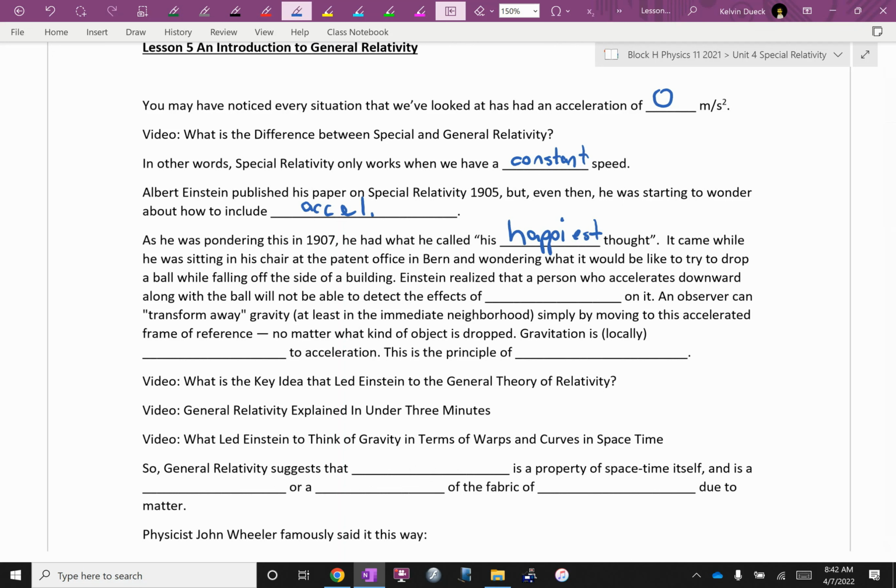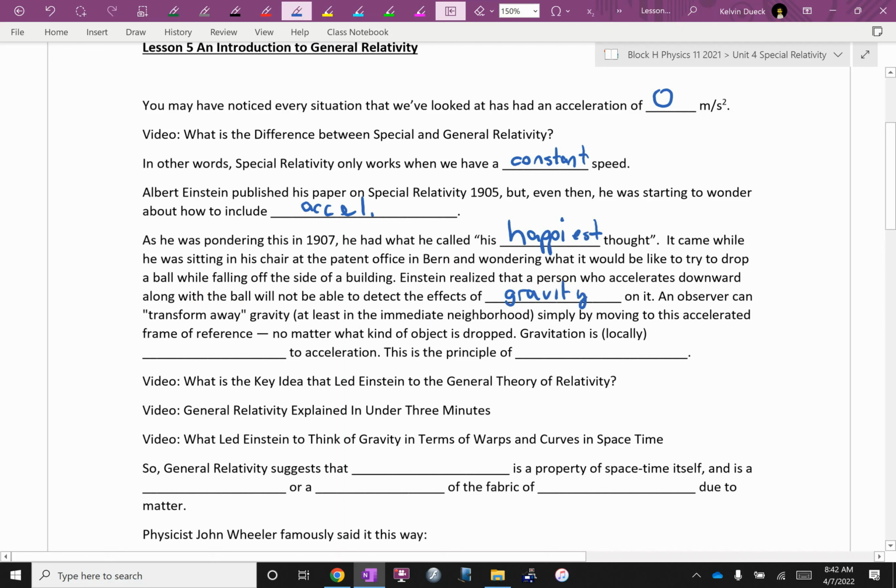He has the same situation from two different reference frames. In one of them, we have acceleration, someone watching from on the street. In another one, the person in here doesn't detect the acceleration. This was his aha. So Einstein realized that a person who accelerates downward along with the ball would not be able to detect the effects of gravity on it.